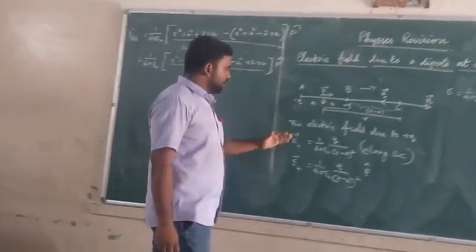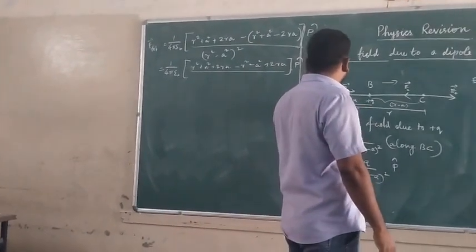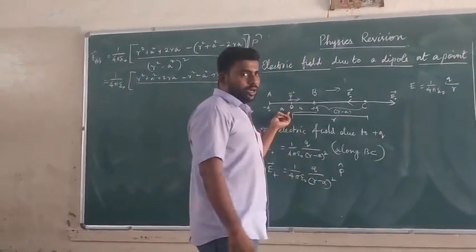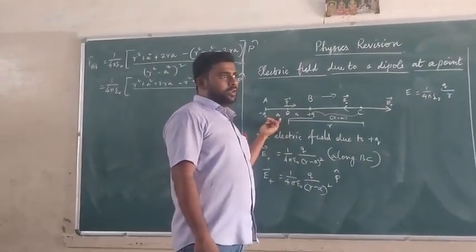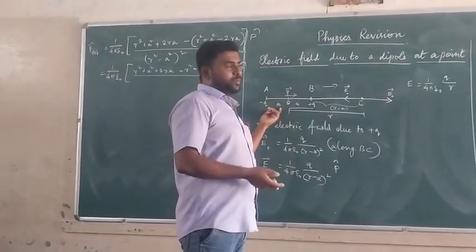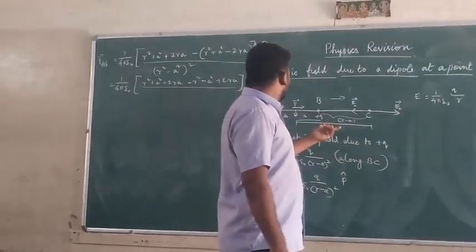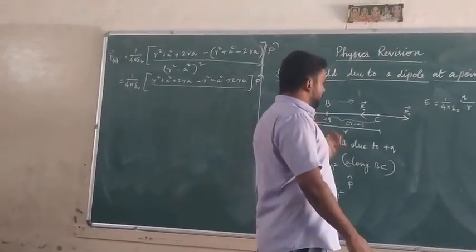So in this topic, the distance R is very much greater than A, isn't it? So the dipole distance is very small. So for that we can neglect the dipole distance, keeping only the distance of the point C from the dipole.